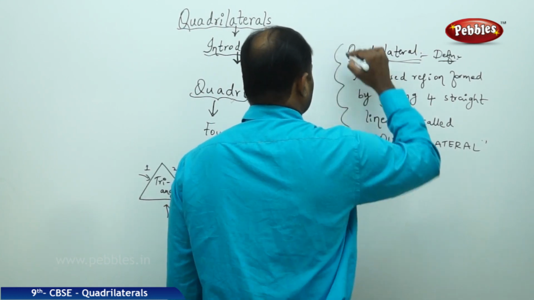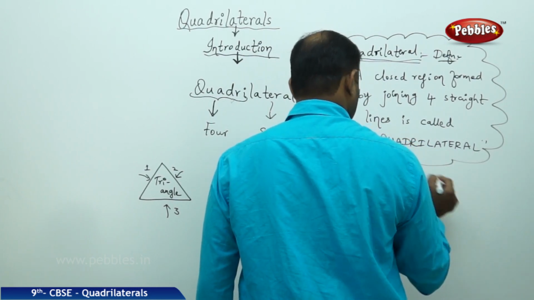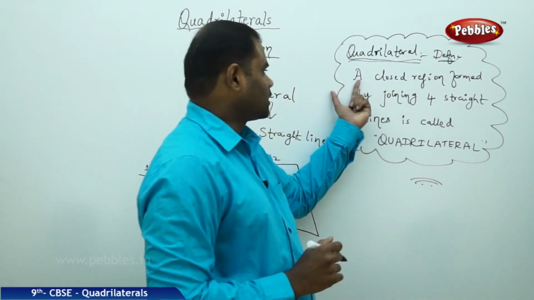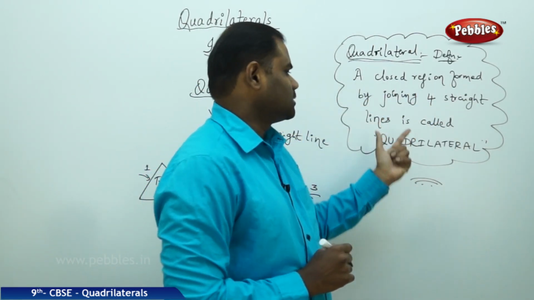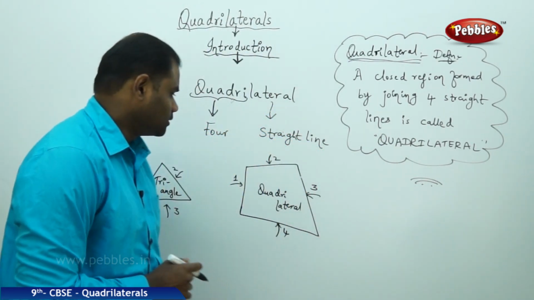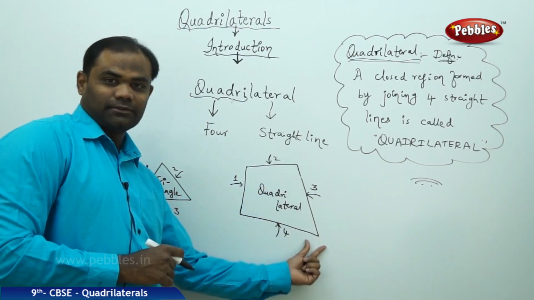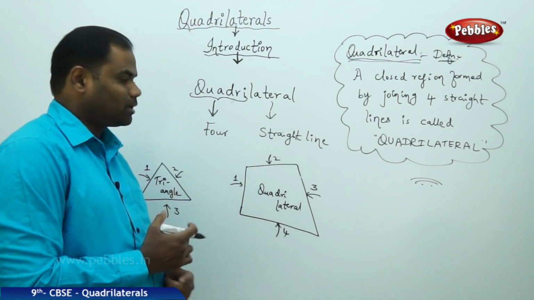Is how we define quadrilateral. The four straight lines being line 1, line 2, line 3 and line 4, closed to form a quadrilateral.